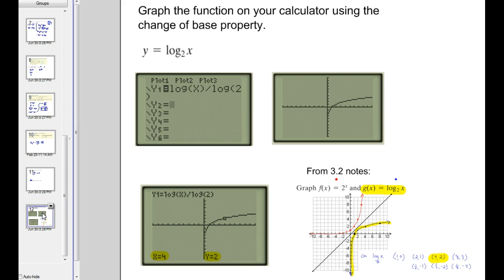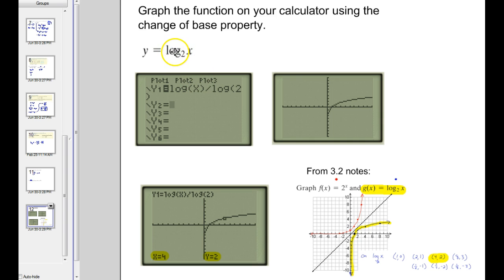Alright, now remember, we talked about it in 3.2. I said that we'll eventually be able to graph these things with a calculator. Well, we needed the change of base property to do it because we only had common logs and natural logs. So, as you see here, I use the common log to graph the log base 2 of x.